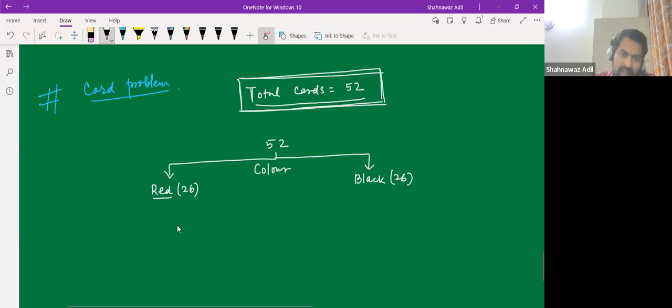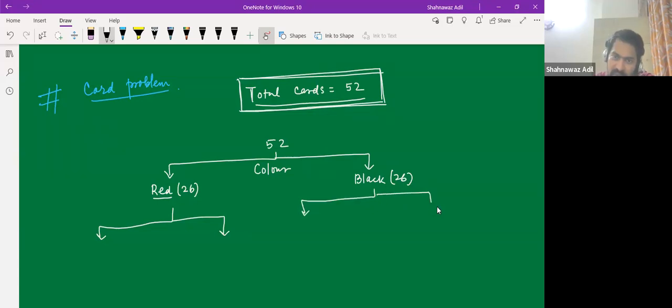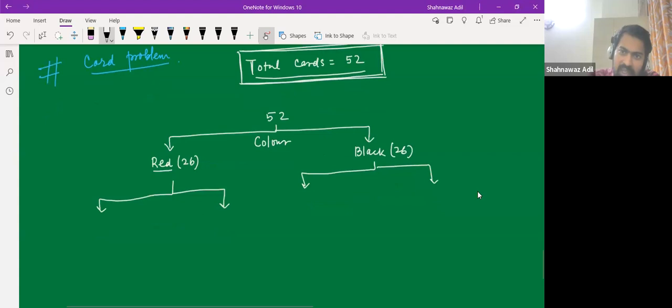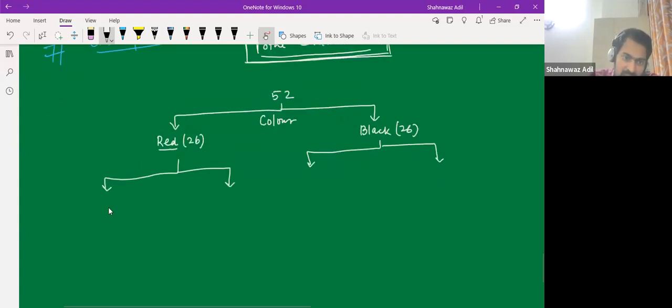Now this red is again divided in two parts. And this black is also divided in two parts. So the red one is divided into diamonds and hearts.